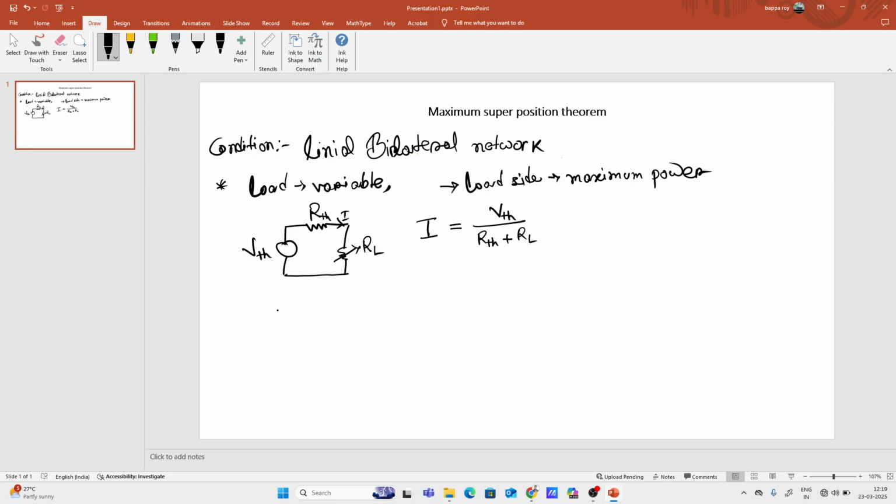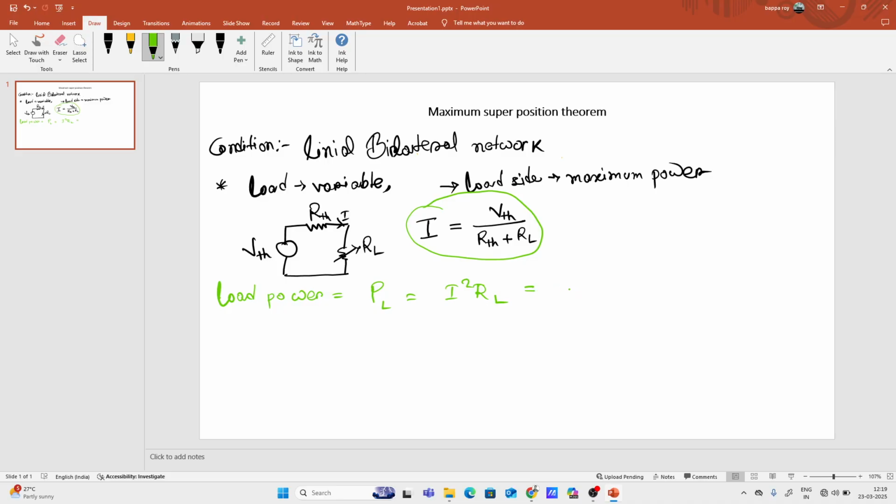So what will be the load power now? The load power formula is I square R. We'll denote it with PL, I square RL, and we'll put the value of I here.